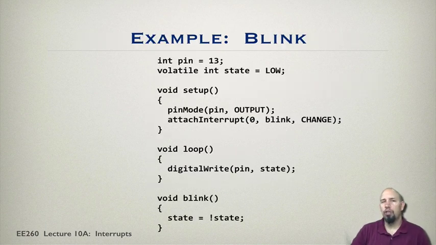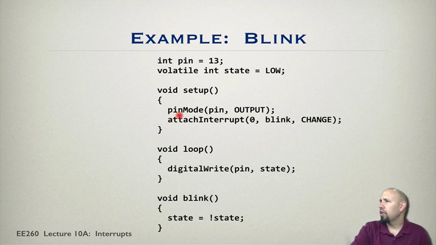So here's an example. Here's the blink program using interrupts. Now the difference here is that every time there's a change in a pin, for example, in our case, we're going to be looking at, okay, so here's the state.